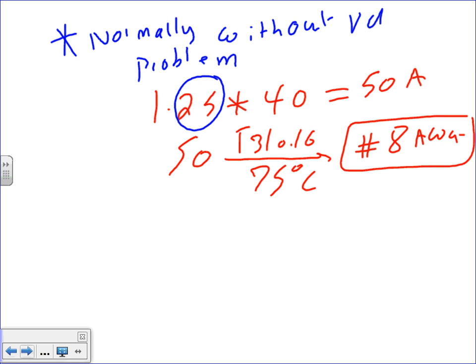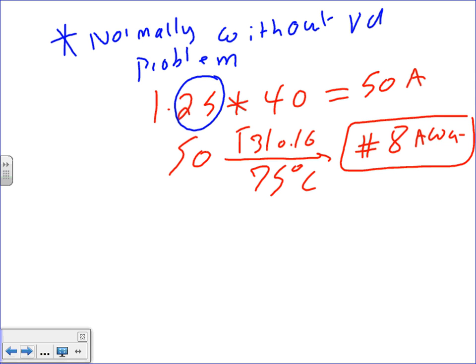Had you come up with number 6 here, which conductor are you going to use? The largest one. If this calculation came up with number 6 and the voltage drop calculation came up with number 8, just flip it. You will use the calculation that comes up with the largest size. So, guys, we do 3 calculations for every load. Calculation 1 is based on normal condition.